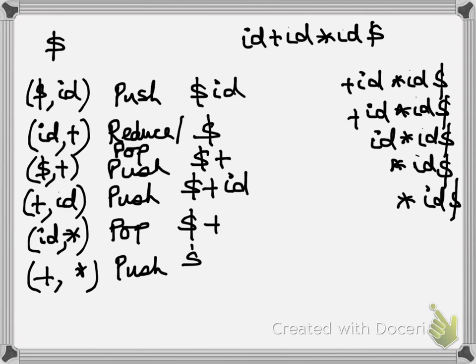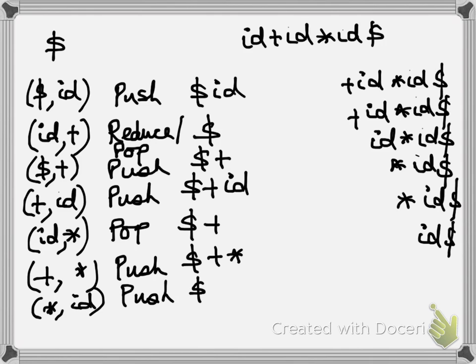So dollar plus star, and I have ID dollar here. Next I have star and ID. So star is again less than ID. So push: dollar plus star ID. I'm left with dollar.